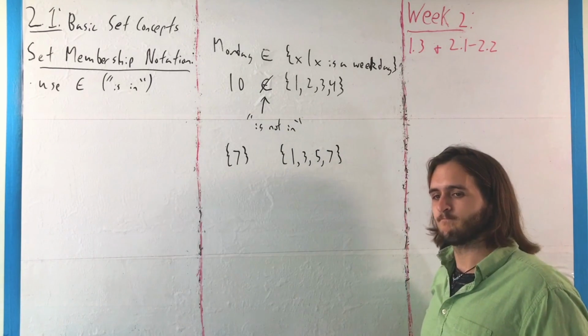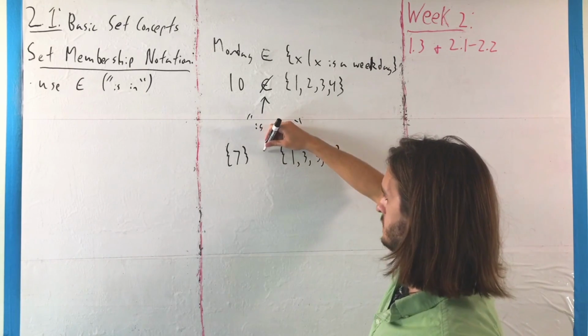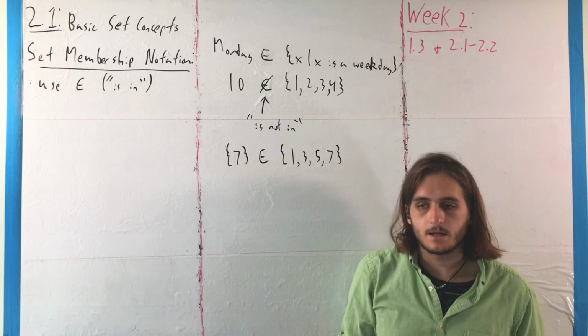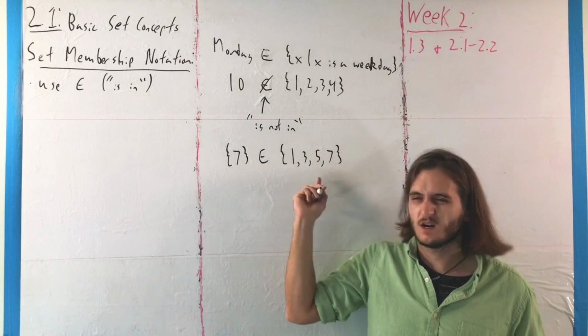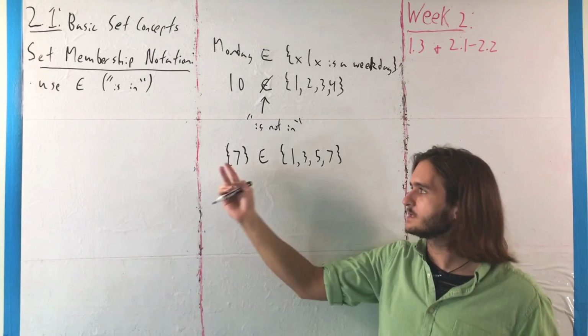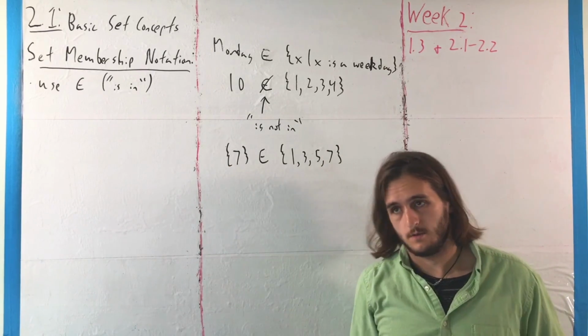it might make some sense to say that this is in that, because 7's in both of them, but these are both sets. And you can talk about a set being within a set of sets, but here, that's not quite the right connection.